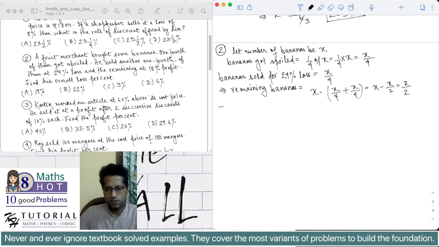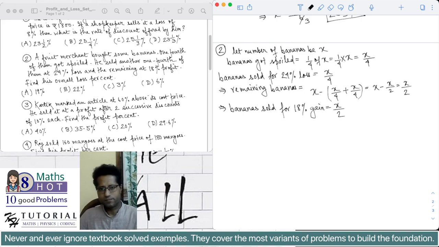So the bananas sold for 18% profit, 18% gain, is equal to X by 2. Now we have to find the overall loss percent, but we don't know anything about the cost price and the selling price.